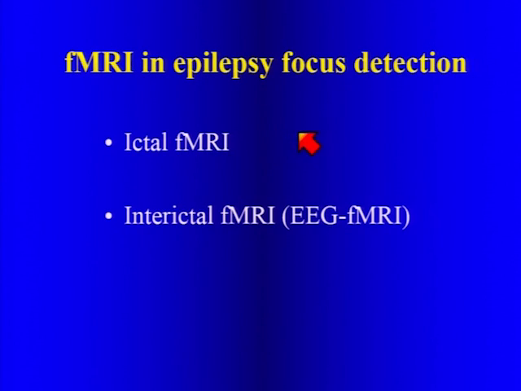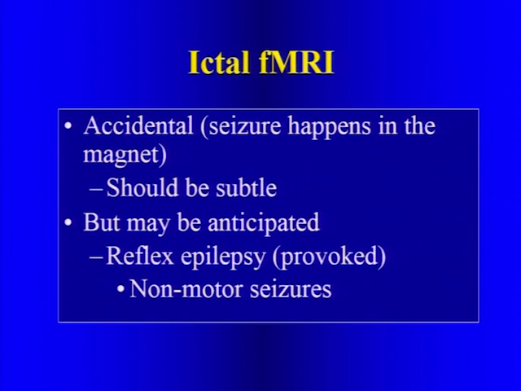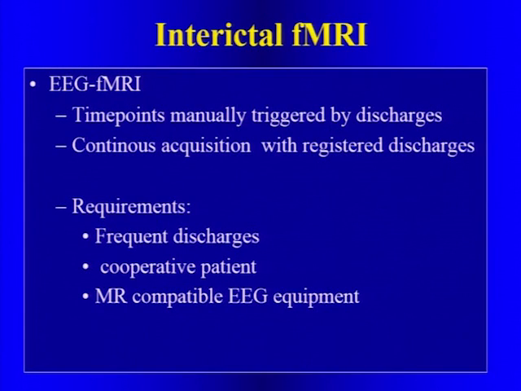Another thing that we are looking at is epileptogenic focus detection. It's been done ictally by mistake with non-clinical seizures that occur in the magnet, but more importantly, interictally, where you have consistent areas that have been determined by EEG, and which we can also map. What happens is you need to have MR-compatible leads.